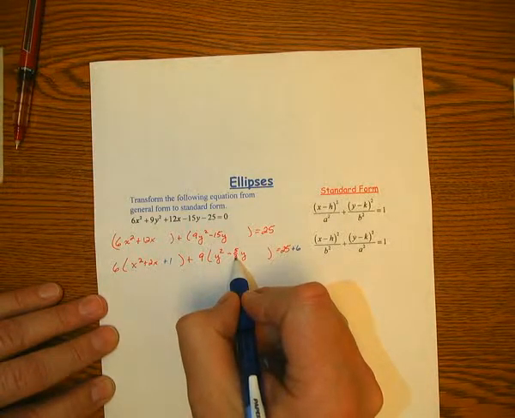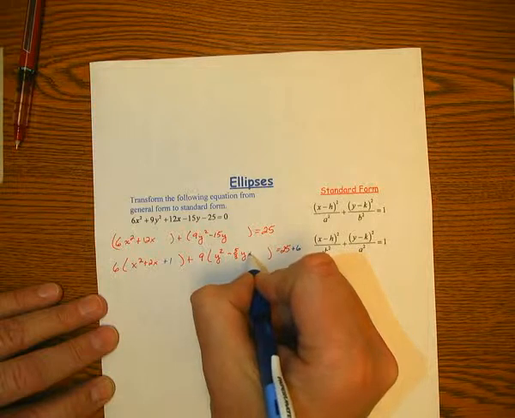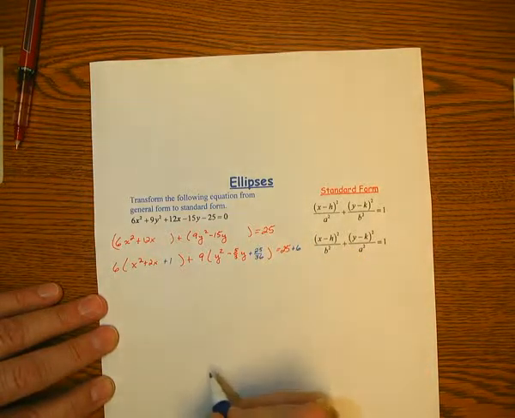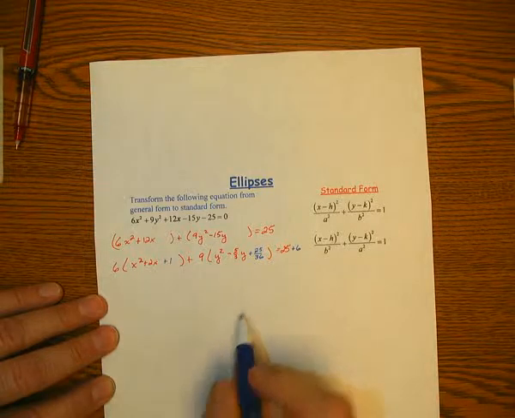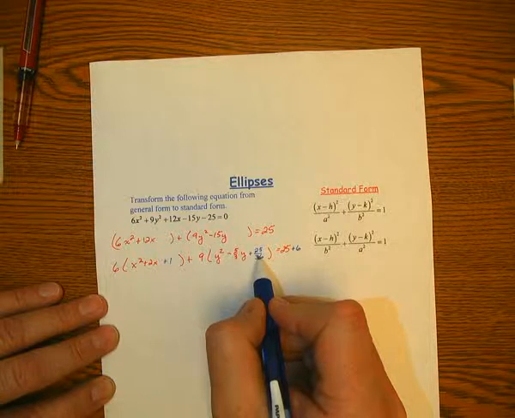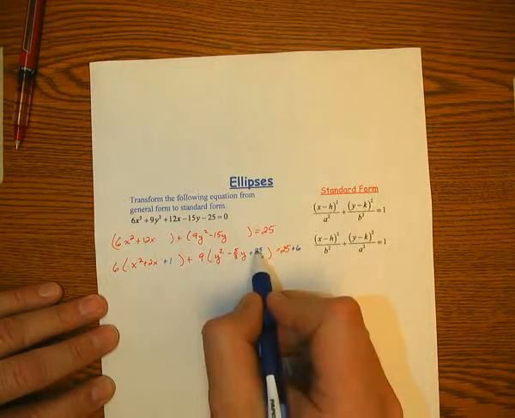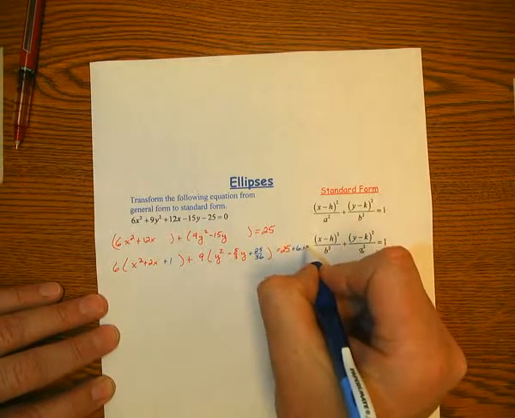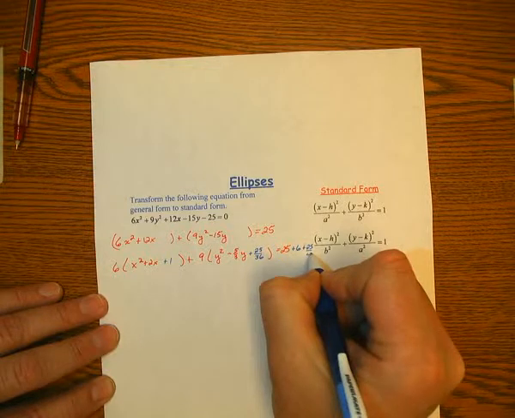Well, 5/3 divided by 2 is 5/6. 5/6 squared is 25/36. Over here, we have to multiply 9 times 25/36, which is 25/4. That's what we add over here to the right side.